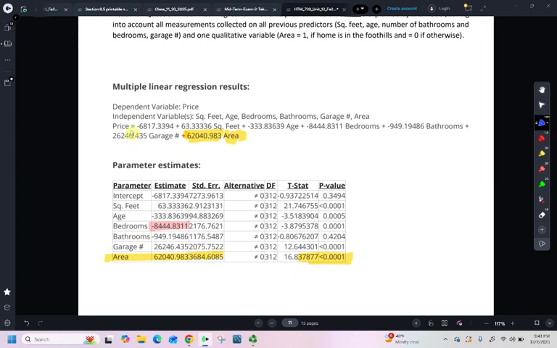I would expect that the price of a home should increase as the number of bedrooms and the number of bathrooms increases. However, these are negative values. That tells me that I might be dealing with issues related to multicollinearity. So whenever I see this, this might inform the need to drop maybe one or both of these.